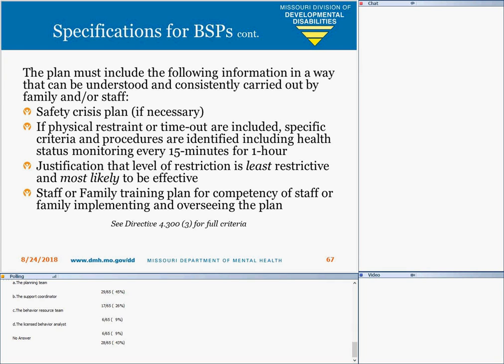When procedures are in use, the time might be never more than an hour in duration. The plan should also include justification for that level of restriction and indications that this is the least restrictive possible strategy that could be used and the most likely to be effective.